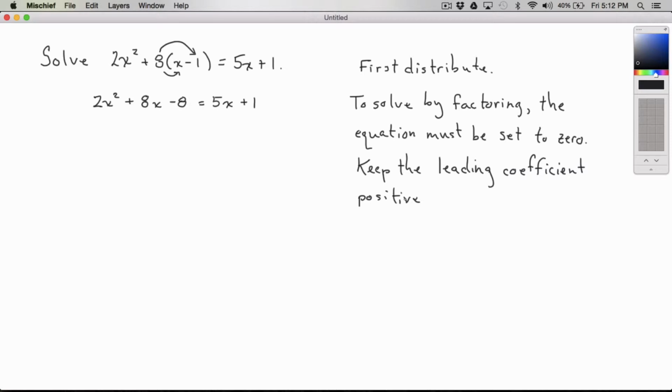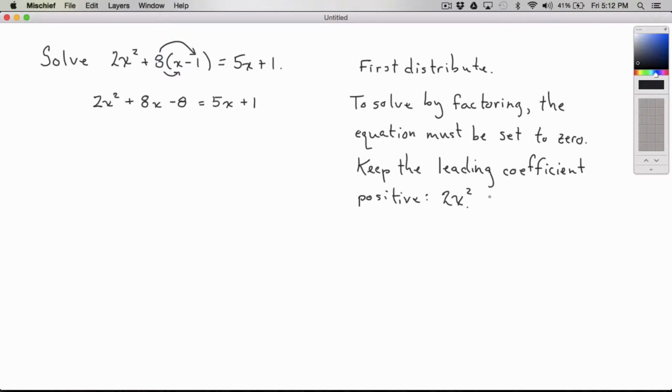The leading coefficient is the number on the variable with the highest degree. That's the leading term, so what we're worried about here is the 2x squared. The problem can still be solved if that's negative, but it's a little cleaner if we keep it positive.